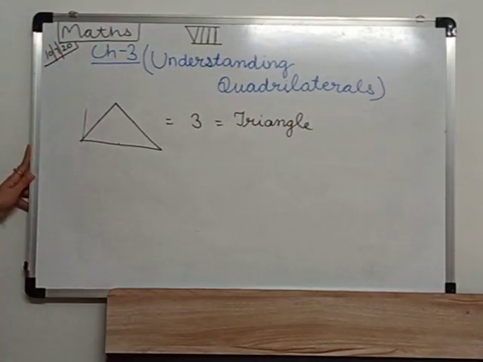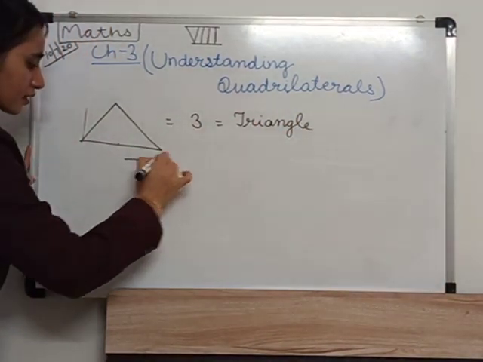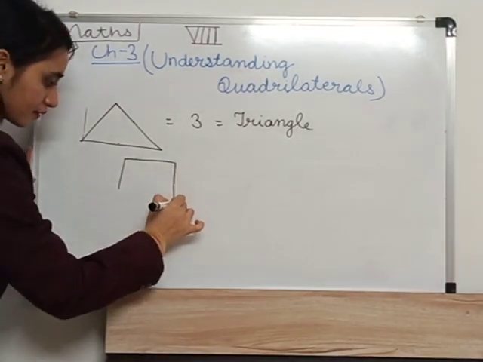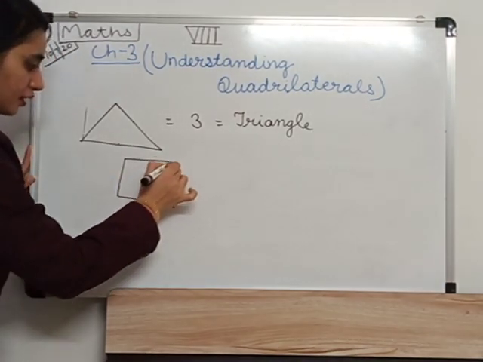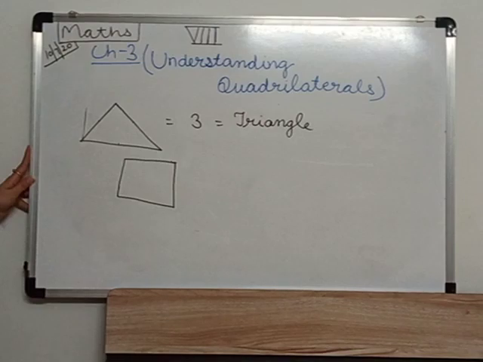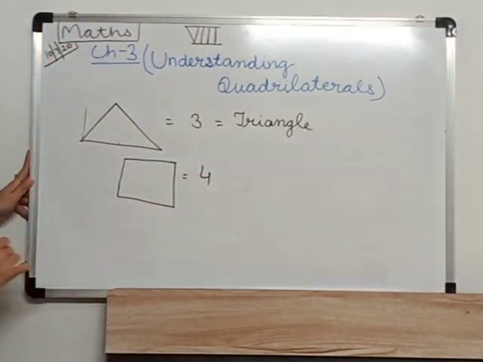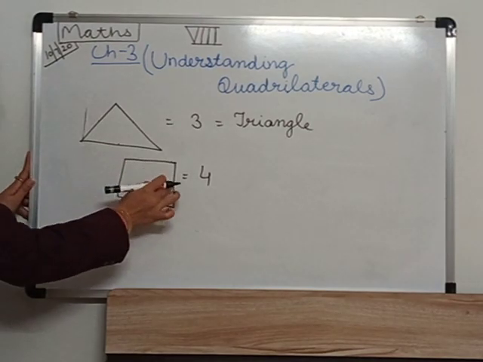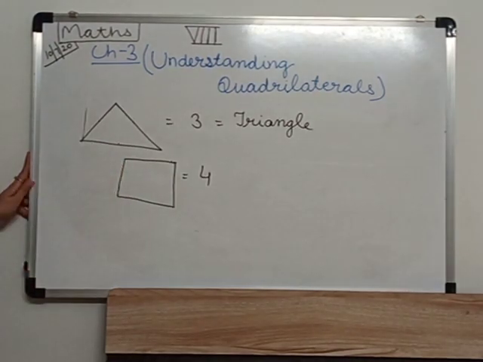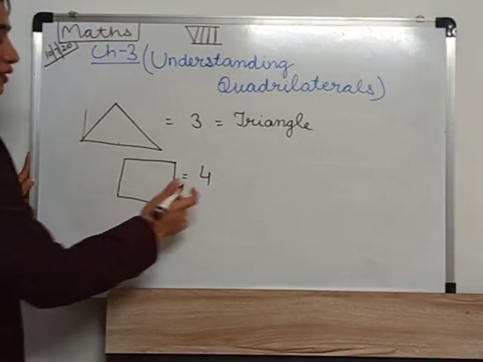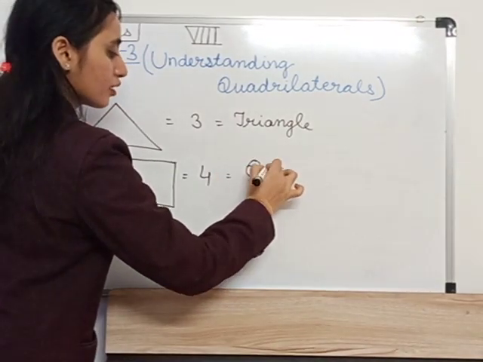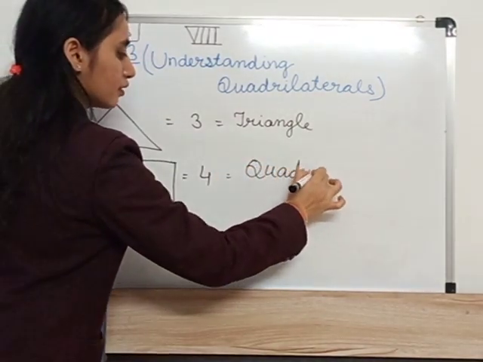Okay. Now next one, see this. This is also a polygon because it is a closed curve, and how many sides does it have? 4. 1, 2, 3, 4. This figure has 4 sides, and it is called a quadrilateral.